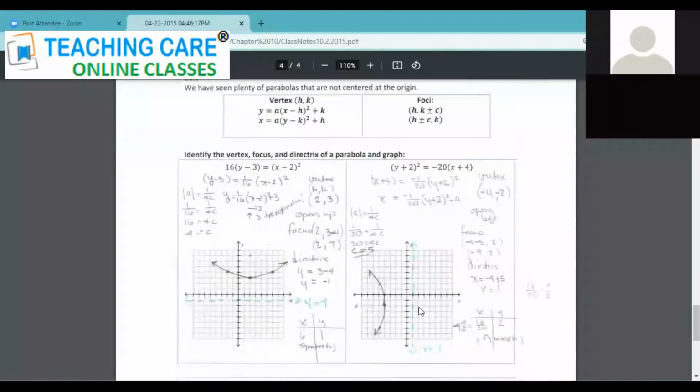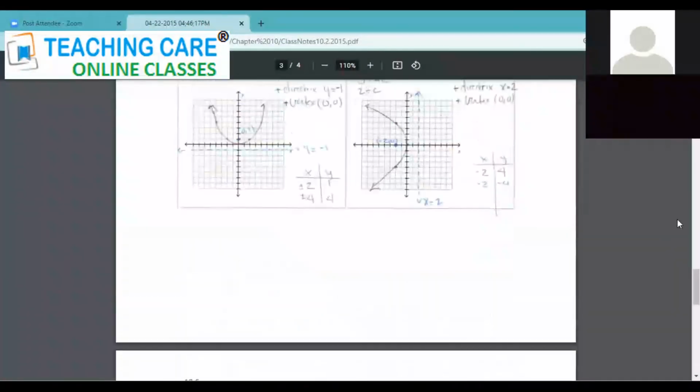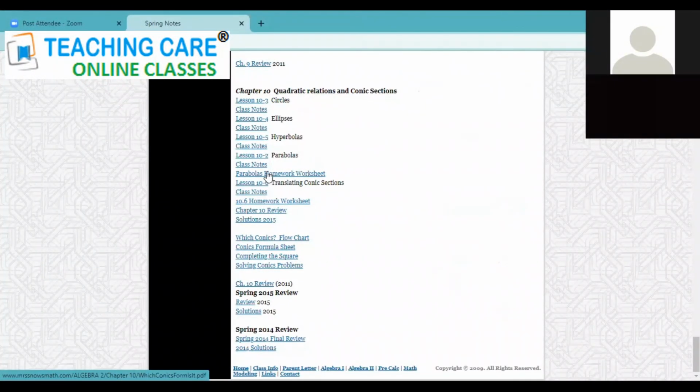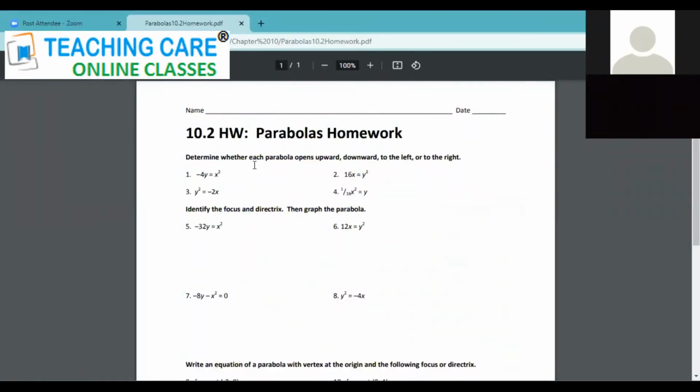Otherwise, again and again, this one we can just do it. Now determine whether the parabola will be opening upward, downward, to the left or right. Just see the equation and tell me. The first one? Left. Negative, right? Okay, good.